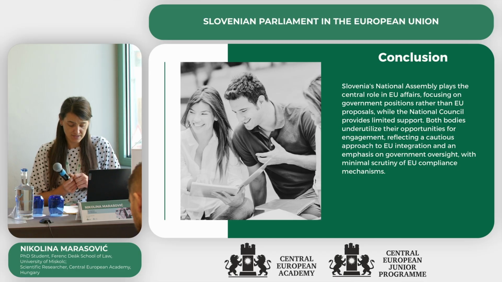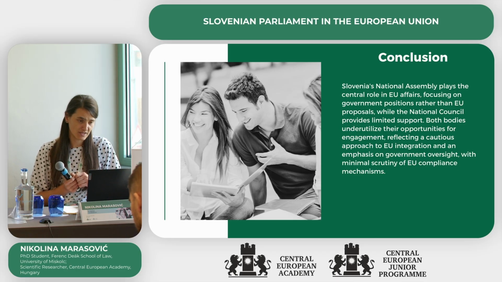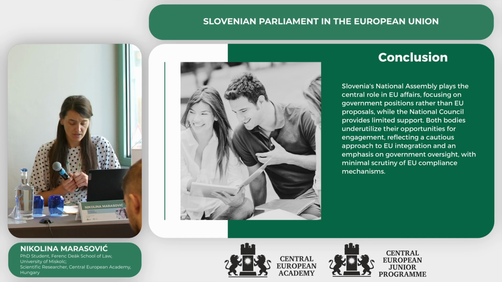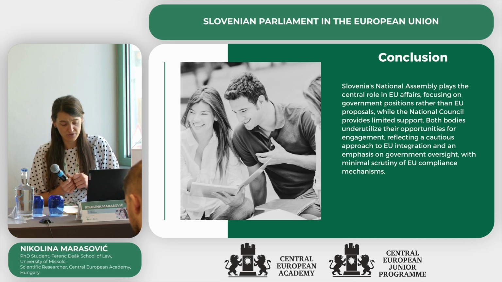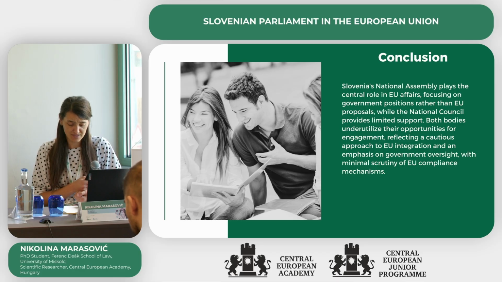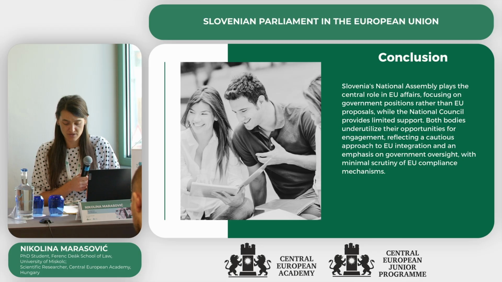Despite the established framework for engaging with the EU, both the National Assembly and the National Council underutilize their opportunities for involvement, indicating potential disengagement. The National Assembly tends to focus on scrutinizing the government's positions rather than the EU proposals, and has only minimally utilized its mechanism for reviewing compliance with subsidiarity. The National Council's role is limited to consultation, reinforcing the National Assembly's central yet restrained position.